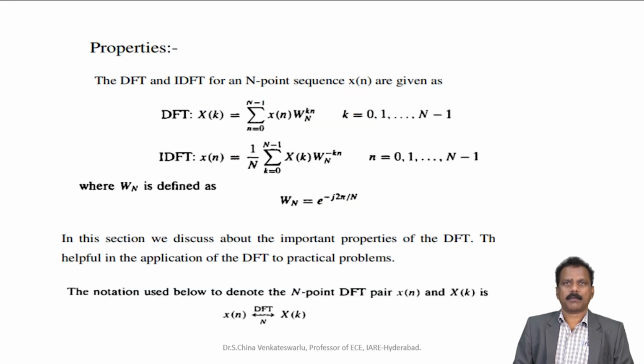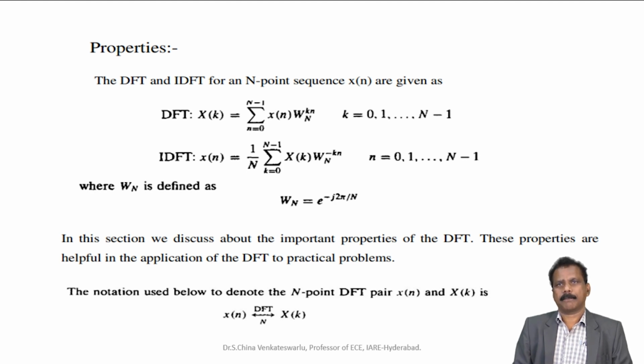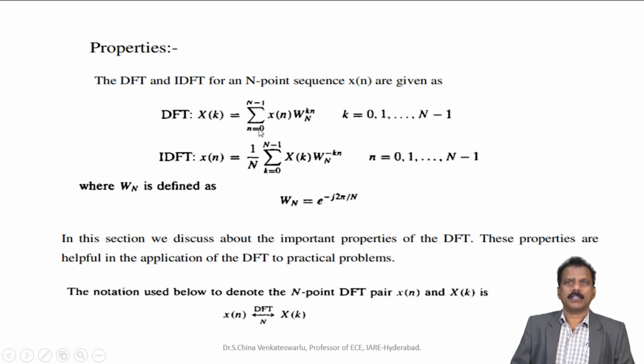The DFT and inverse discrete Fourier transform for an n-point sequence x of n are given as follows. The discrete Fourier transform is x of k equal to the summation n equal to 0 to n minus 1 of x of n times the twiddle factor W N power kn, where k is substituted as 0, 1, 2, 3, 4 up to n minus 1.